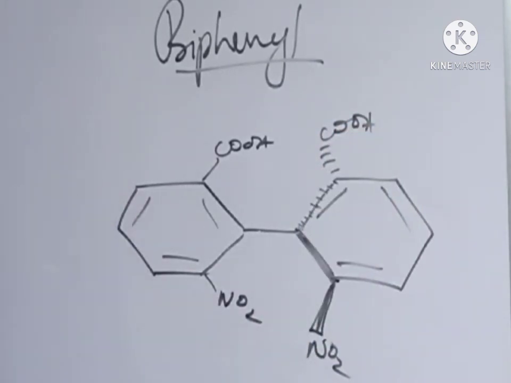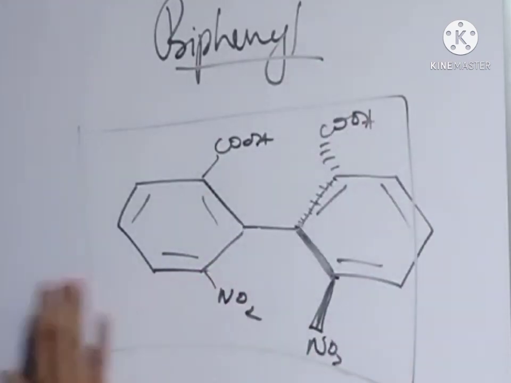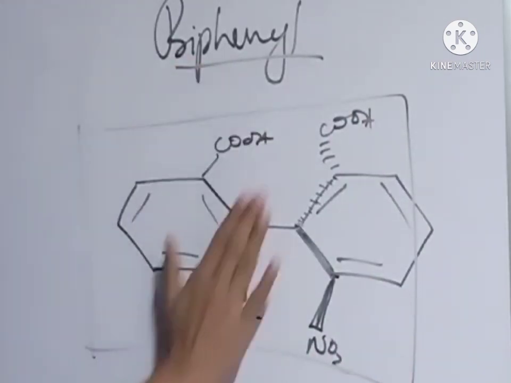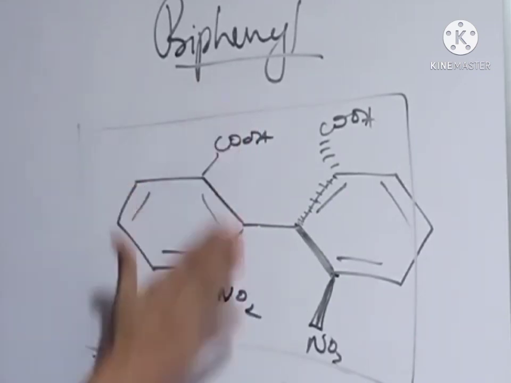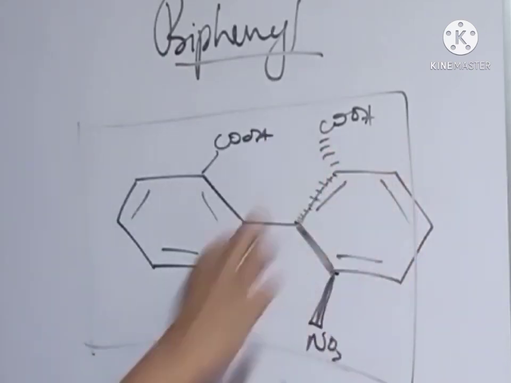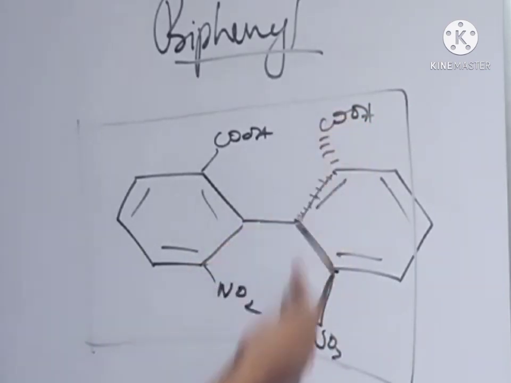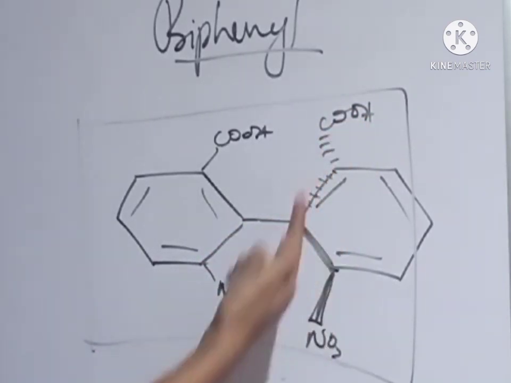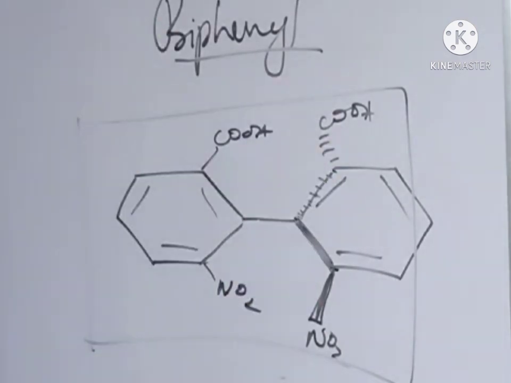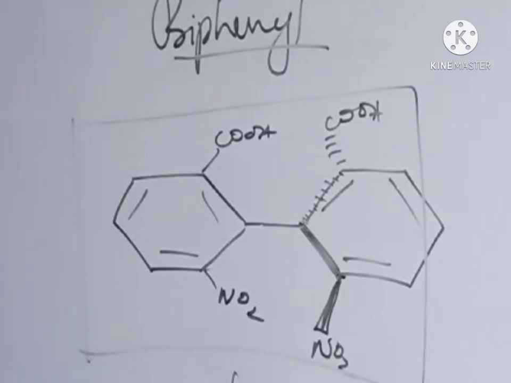Actually, this molecule does not possess any plane of symmetry because if you draw a plane which is passing through this molecule, this plane completely contains this benzene ring and COOH and NO2 groups, but it is passing through the middle of the second phenyl ring system. But the two groups substituted in ortho positions are different. So this will not cut the molecule into two identical halves. And this is a chiral system. So this is all about the chiral systems without having a stereogenic center.